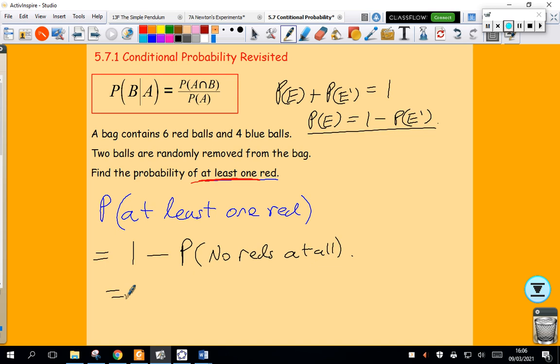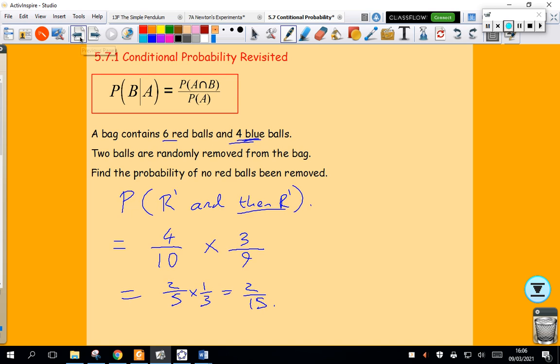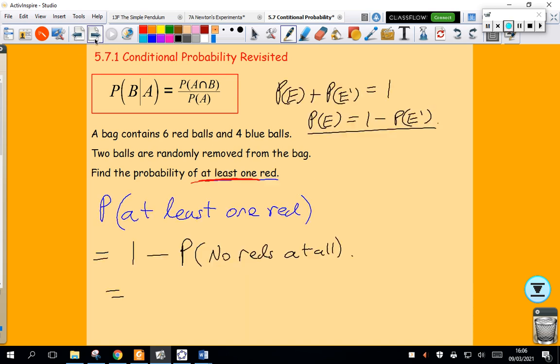We've just seen the probability of no reds at all is 2 in 15. So it's 1 minus 2 in 15, and that simplifies to 13 over 15.